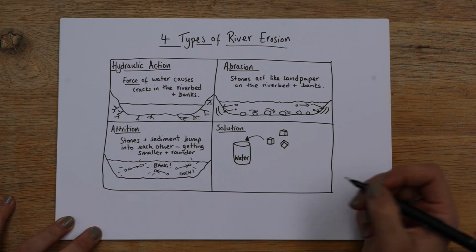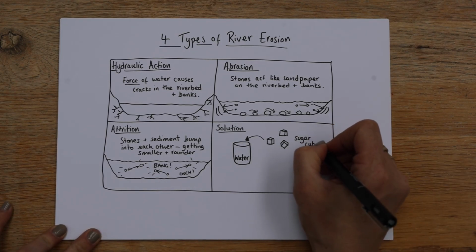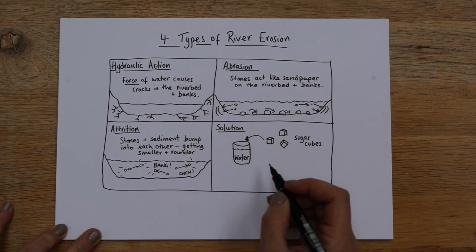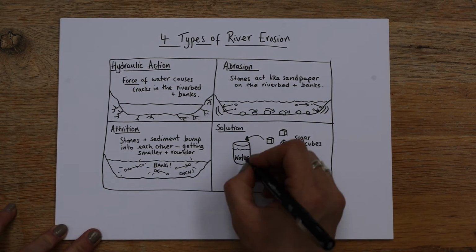If you imagine sugar cubes, when they go into the water, they dissolve. You can't see them. They're still there. They still exist as sugar, but you can't see them.